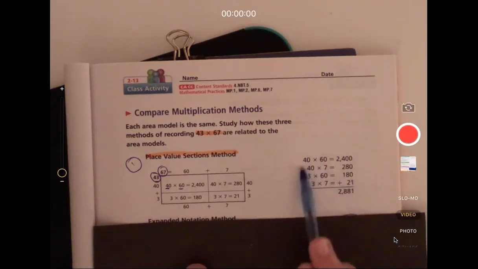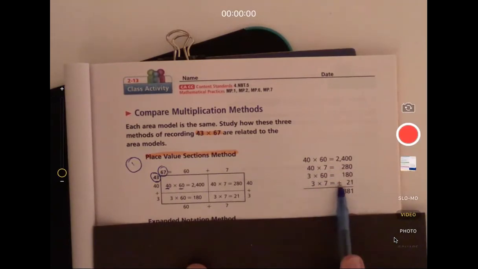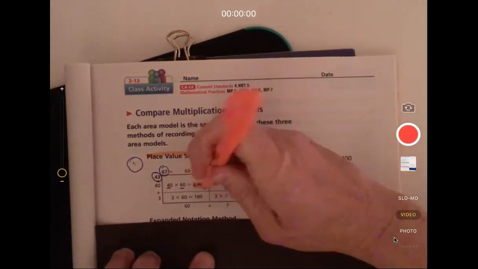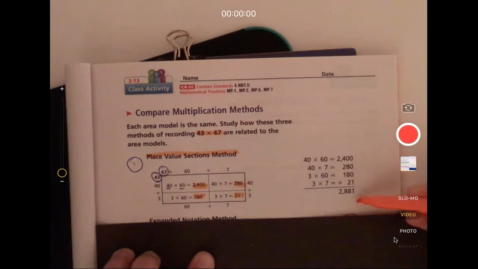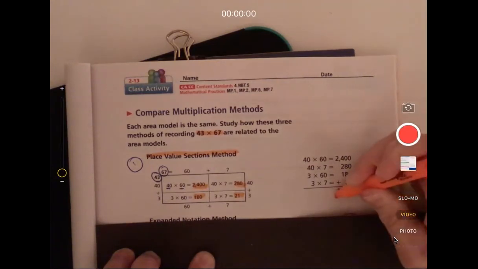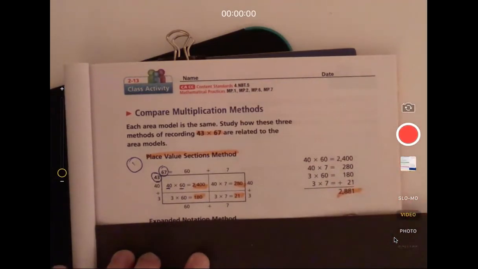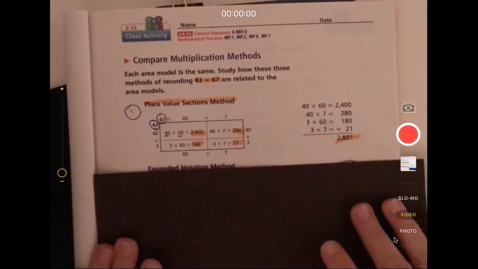Over here on the right, you can see each section has just been written out for us, because then it has the partial products that are all getting added together to come up with the total product, which is 2,881. Okay, so again, place value sections method. Let's look at the next one.